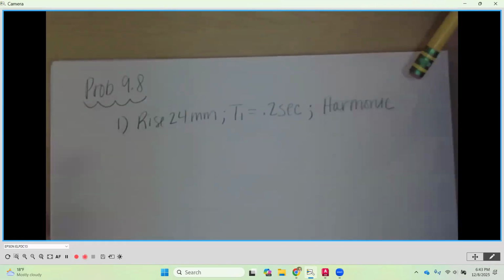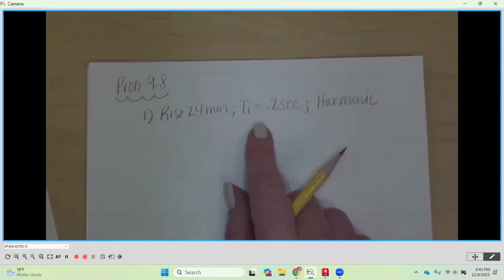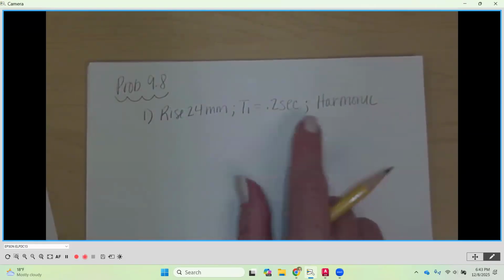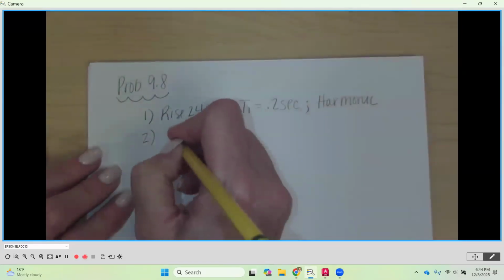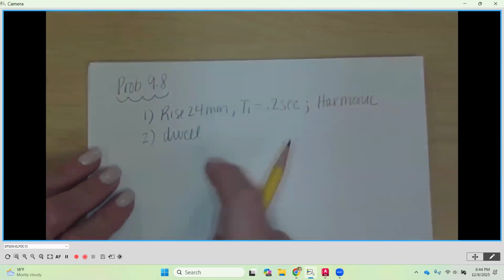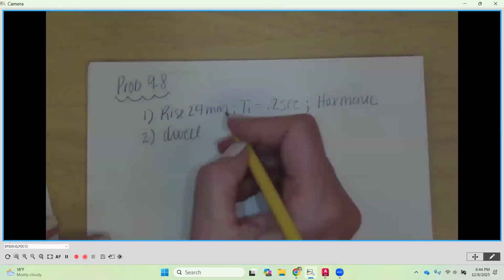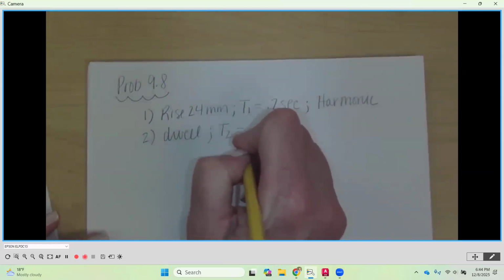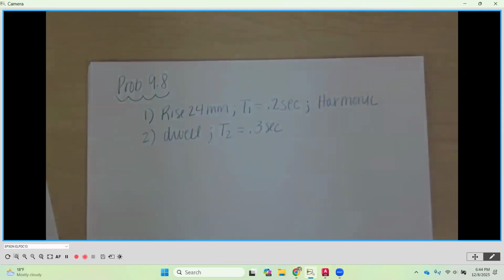Okay, so those three things: 24 millimeters rise, a time of 0.2 seconds, and we're going to use harmonic motion to get there. So that's our curves in and out. Okay, the second thing we're going to do is we're going to dwell. That means we're not rising or falling. We're staying in the same spot. That's going to be time 2, and that's going to be for 0.3 seconds. There's no up or down, so there's no prescribed motion, if you would.